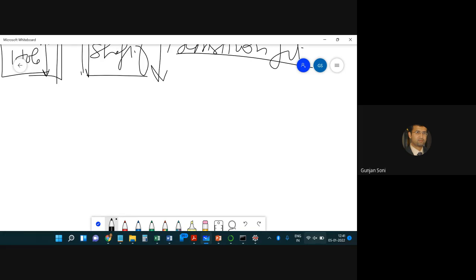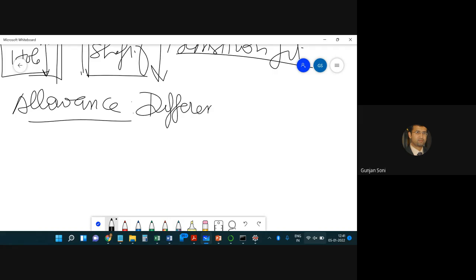Then we talk about allowance. There's a term called allowance. Allowance is the difference between the maximum material limits. Like maximum metal conditions, no? So what is the maximum material limit for a hole?